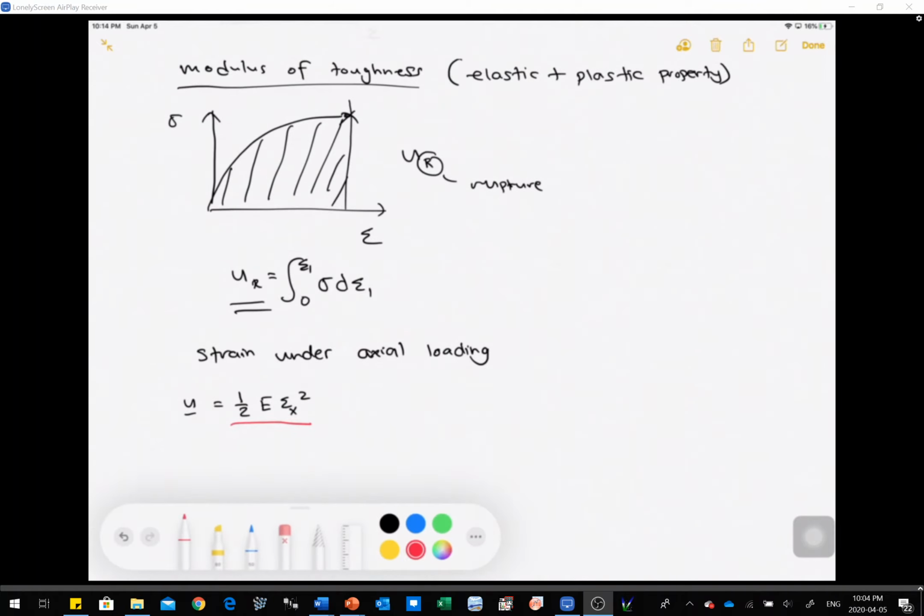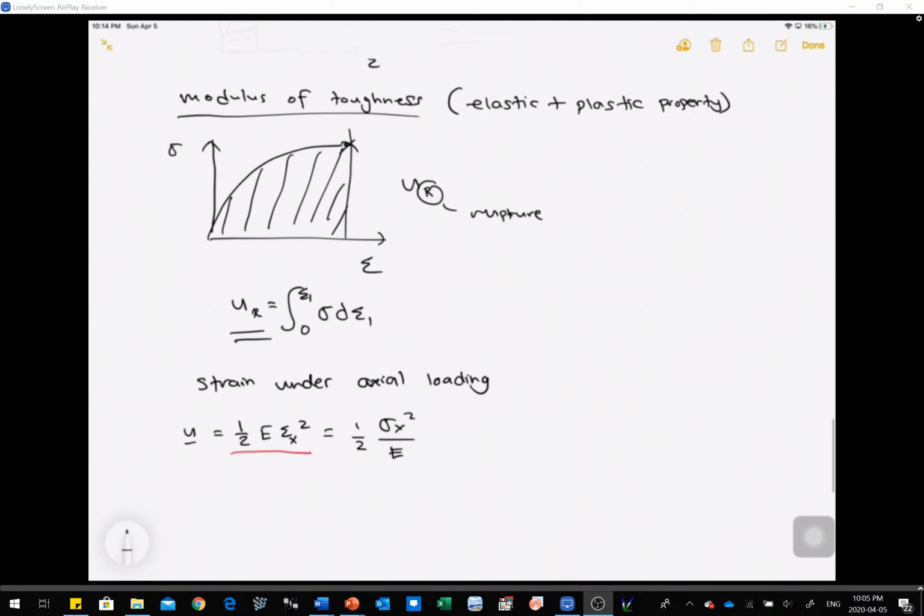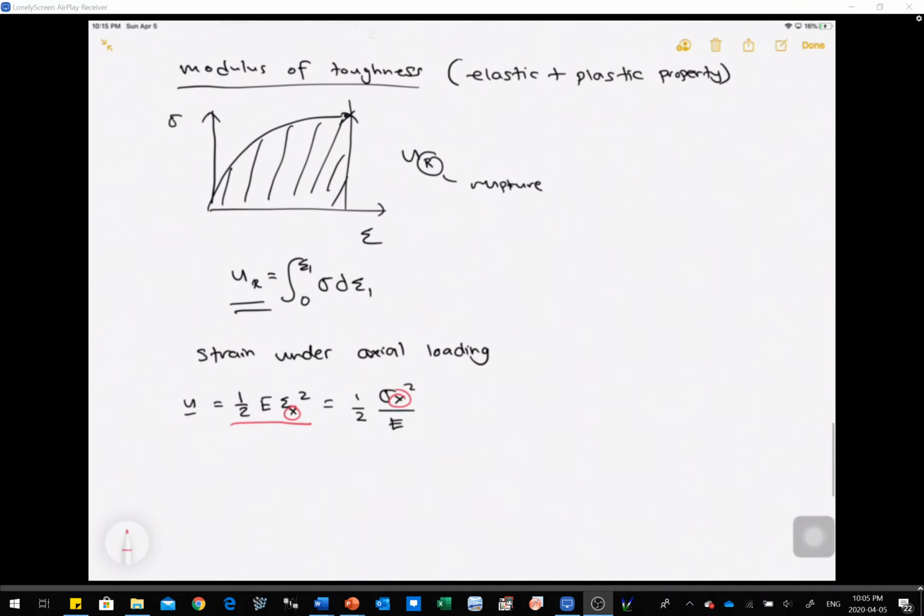This also has the same form as 1/2 sigma x squared over E, which is again similar to the one we wrote on top. Now we change the convention to x because we assume that the force is being applied along the x-axis right here. So that's the only difference, nothing fancy. So we assume that it's epsilon x and sigma x.